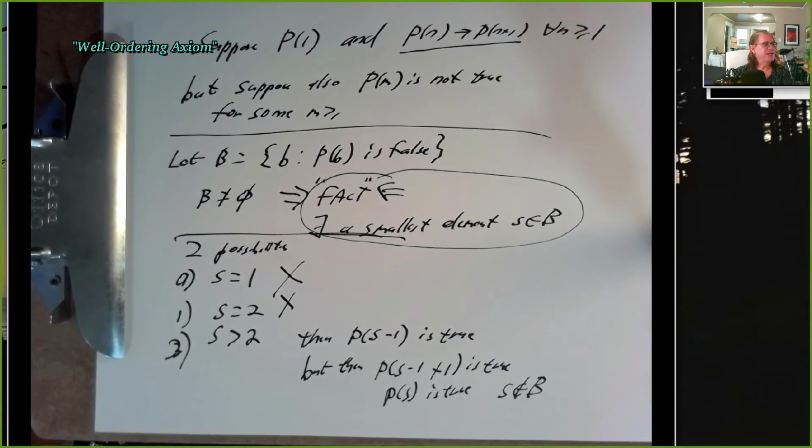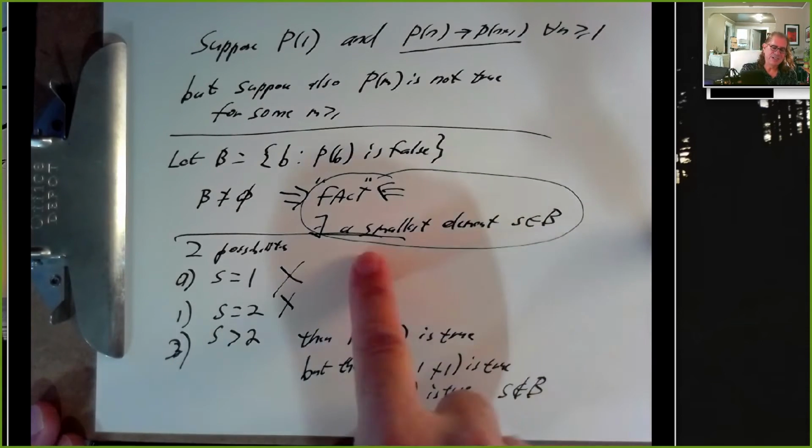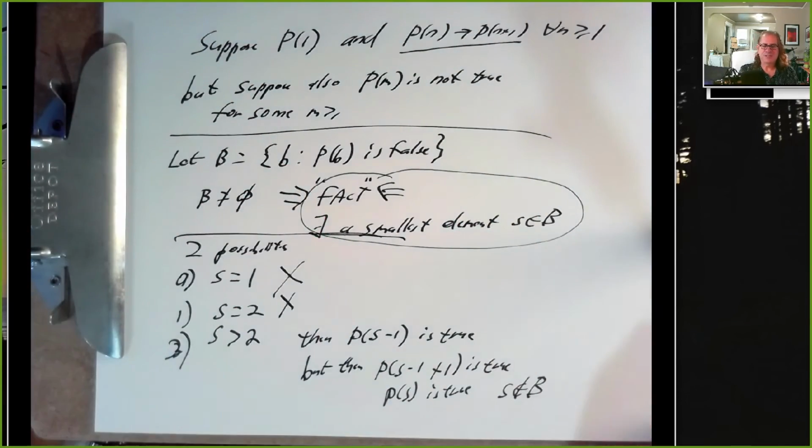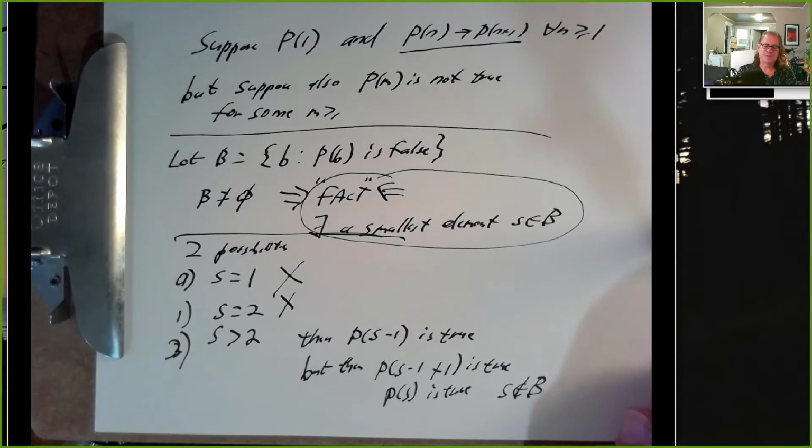The well-ordering axiom says if you have a set of positive integers, there's always a smallest element. It turns out we can't prove that. If you had mathematical induction, you could prove it, but you don't know that mathematical induction is true unless you have this axiom of well-ordering. So this is something we cannot prove. This is something we simply accept.